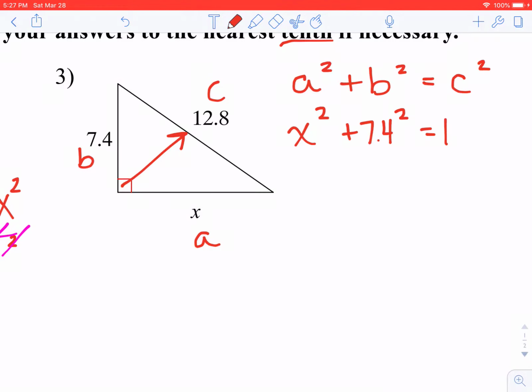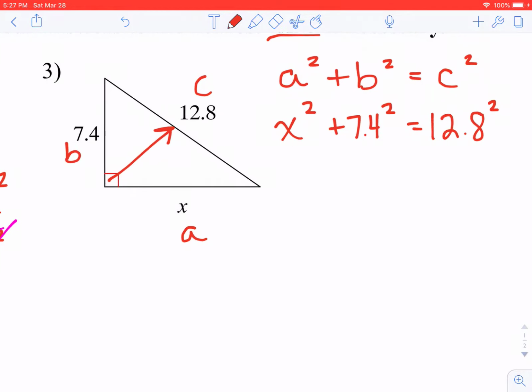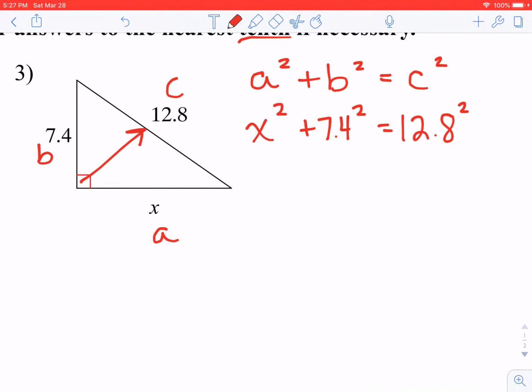And the C value is 12.8 with an exponent of 2. Same as before, I need to evaluate all powers that I see, which means I need to evaluate this exponent. I need to evaluate this exponent. I can't evaluate this. I have to solve for this, okay?